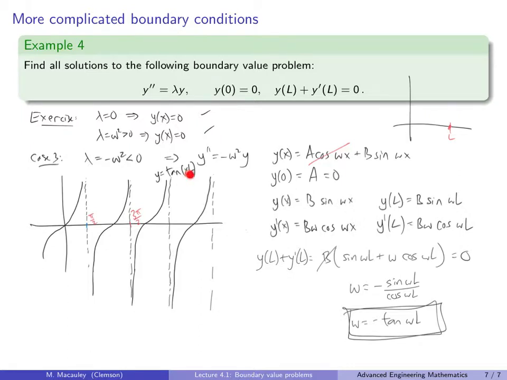However, this is tangent of xL, so we have to put an L on the bottom of this because we're dilating. So this is 2L, and this is going to be L there, and so forth. Okay, so this is the graph of tangent, and now the graph of negative x is going to, let me draw it like this. So this is the graph y equals negative x.